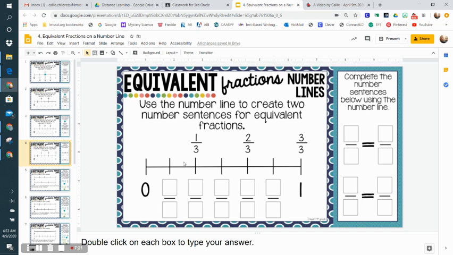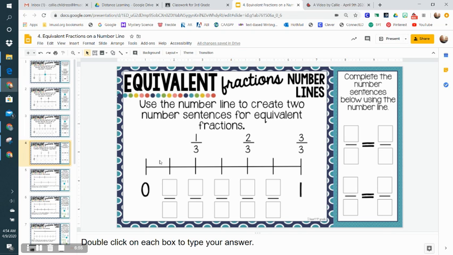All right, so here we're going to do the same thing. It says use the number line to create 2 number sentences for the equivalent fractions. So we have 1/3 here, and 2/3 and 3/3 has been put on top of our number line, but we need to fill in these empty boxes below. So before I do that, I need to figure out, well, what has this number line been broken into?